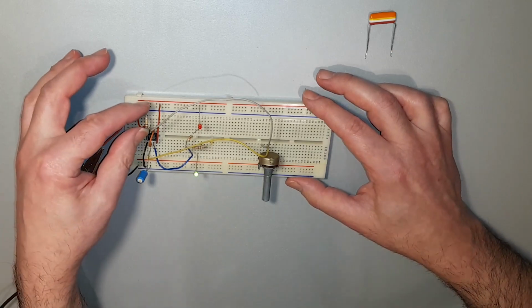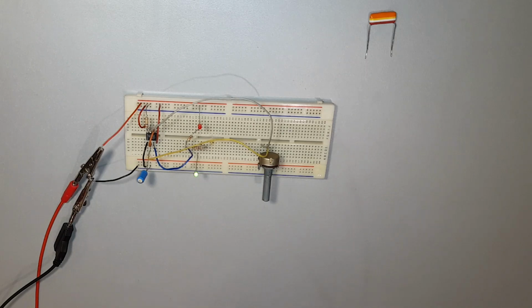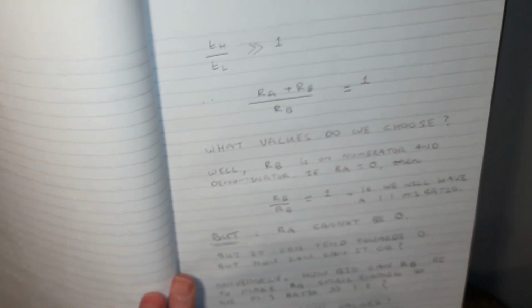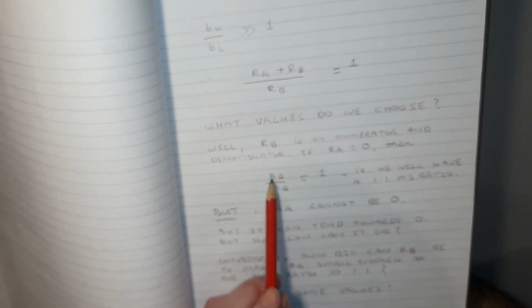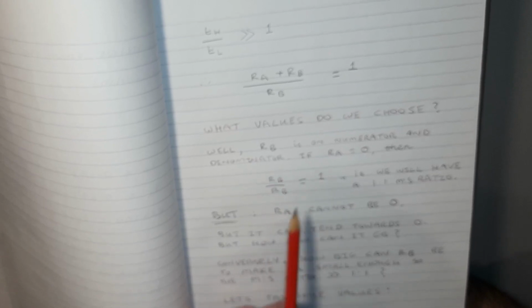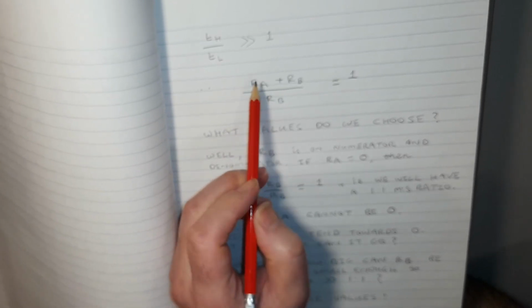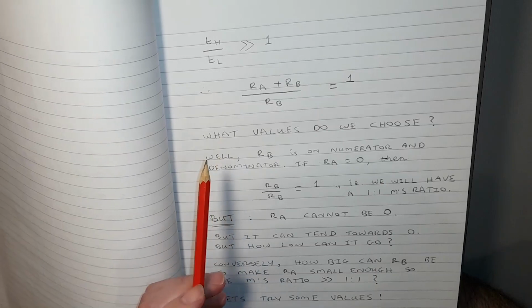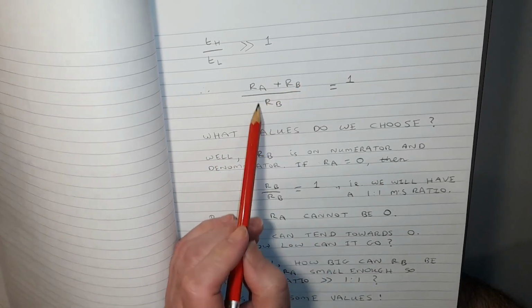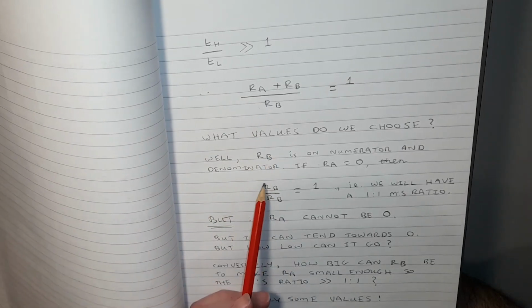So if we want to meet the requirements of this equation, of tending towards RB over RB equaling 1, then we want RA to tend towards 0, and we want RB to be large in comparison to RA in order for that to be the case.